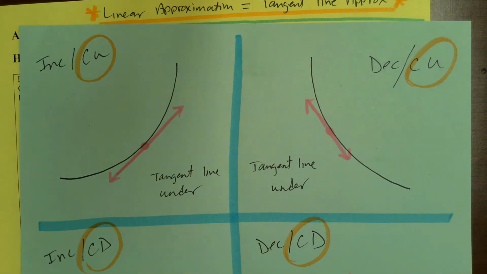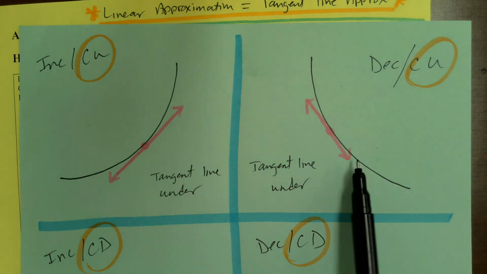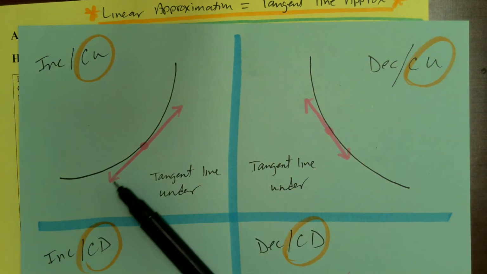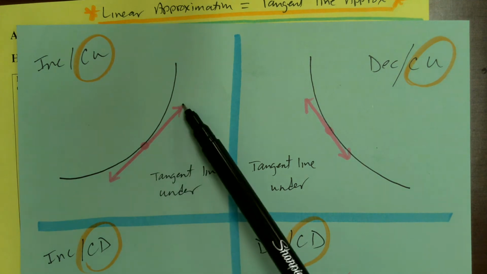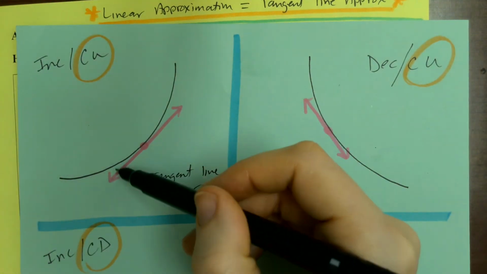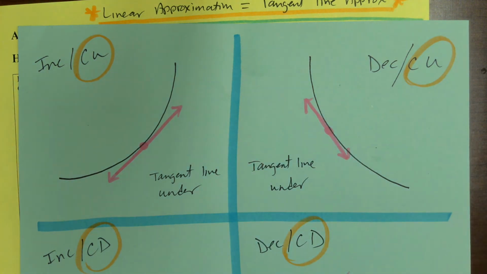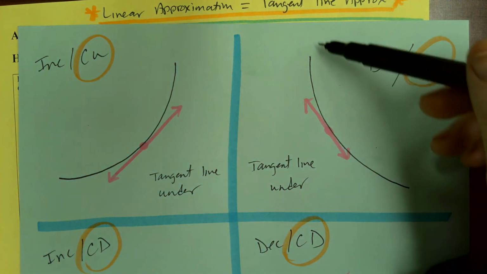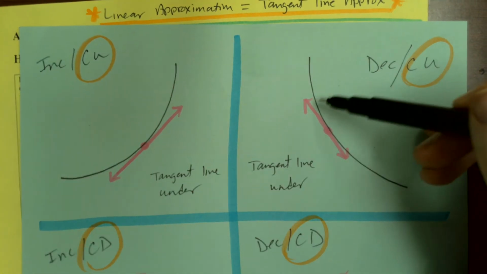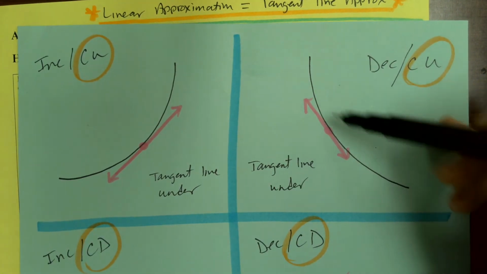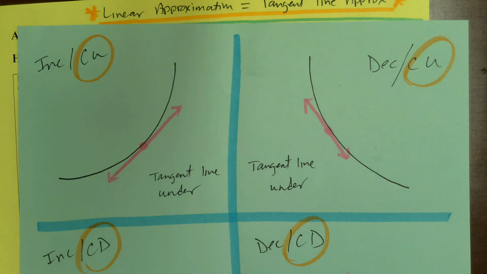The increasing or decreasing doesn't matter, but since the function is concave up, the y values of the tangent line are underneath the y values of the function. Same thing over here. Since f is concave up, the y values of the tangent line are underneath the y values of the function.